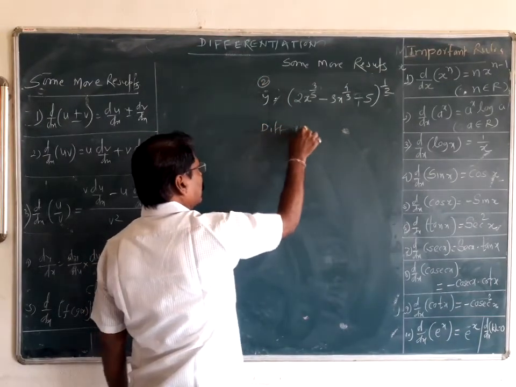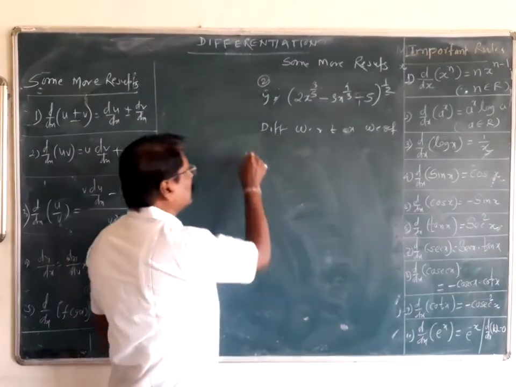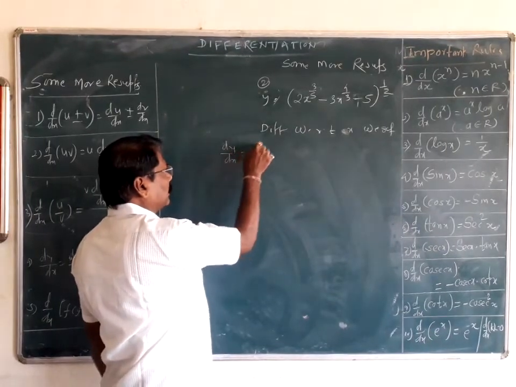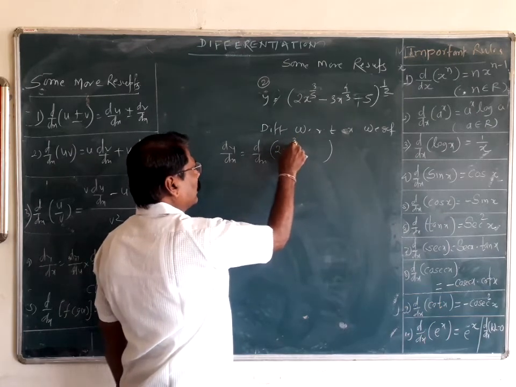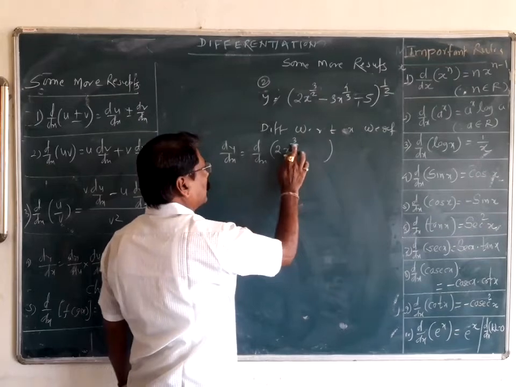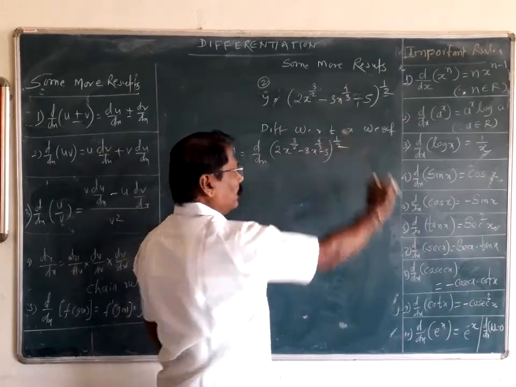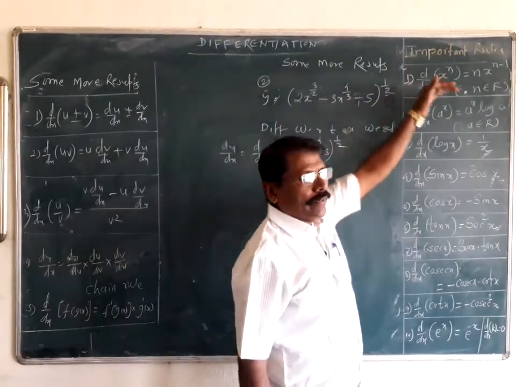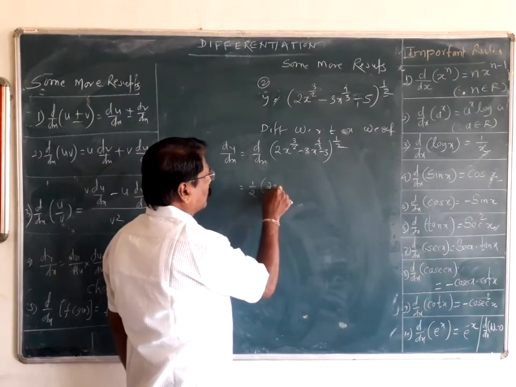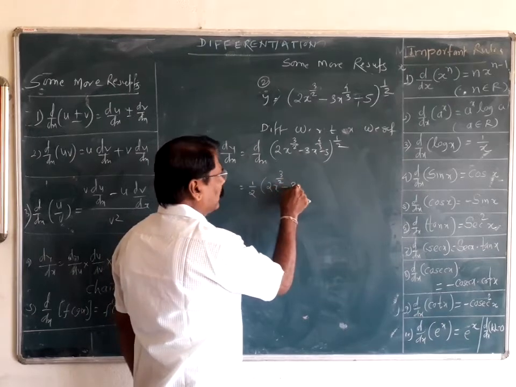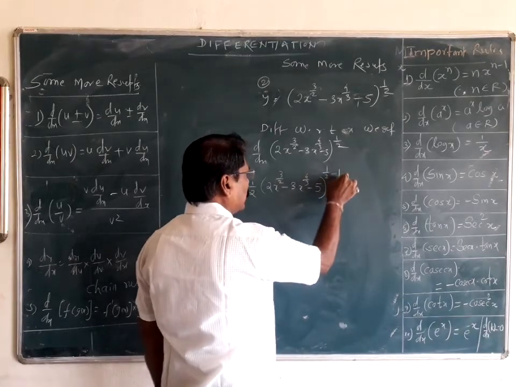Now differentiate with respect to x, we get dy by dx, d by dx of the whole bracketed term, (2x raised to 3 by 2 minus 3x raised to 4 by 3 minus 5) raised to 1 upon 2. So use rules one by one. This is 1 by 2 into (2x raised to 3 by 2 minus 3x raised to 4 by 3 minus 5) raised to half minus 1.